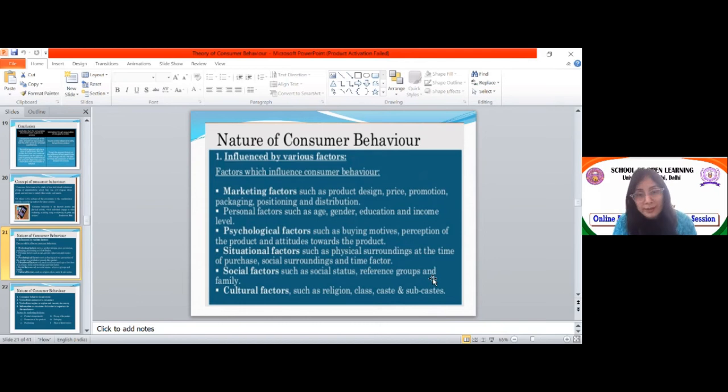So what are situational factors? Situational factors are such as the physical surroundings at the time of purchase, social surroundings, and time factors. Suppose you compare Amazon or Flipkart or Myntra and all these online shopping sites in terms of services. How easily can you get the return?